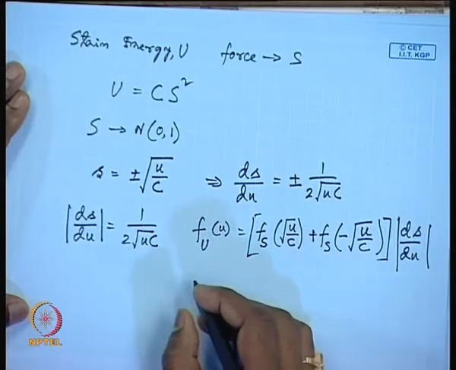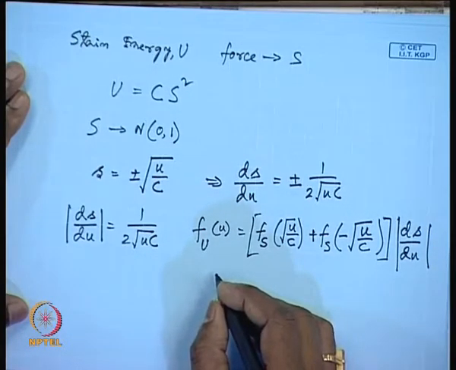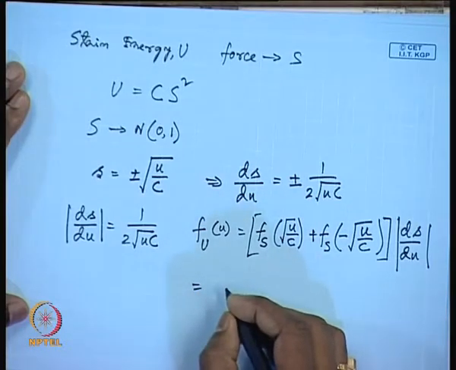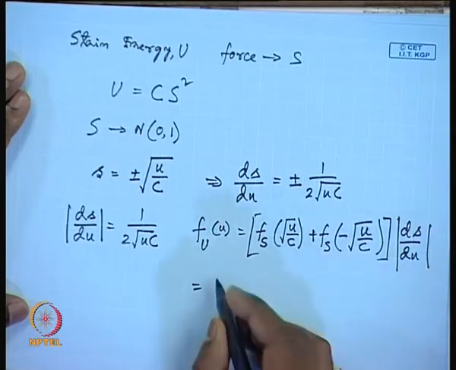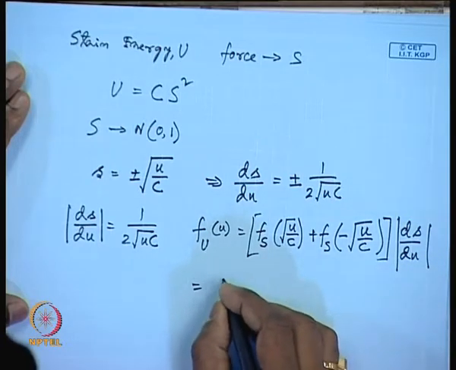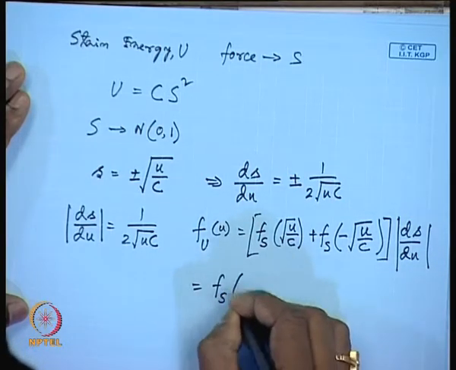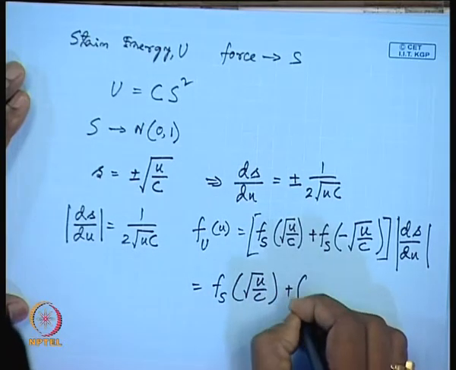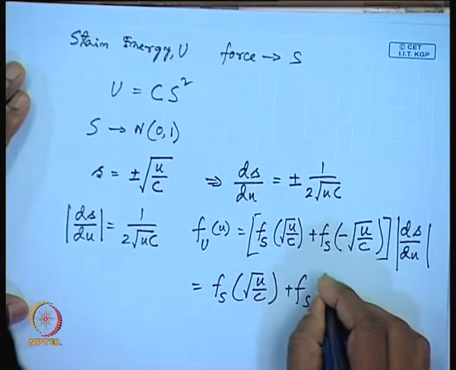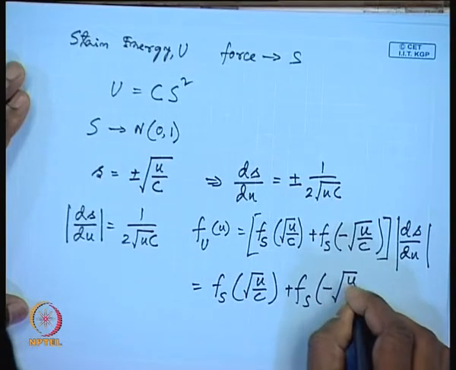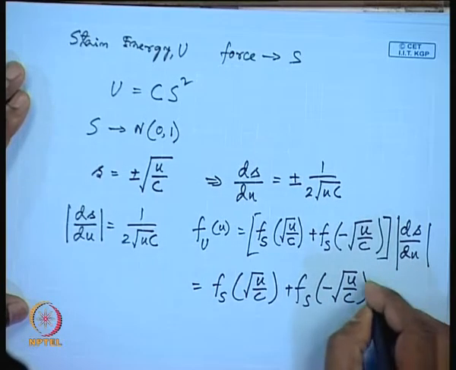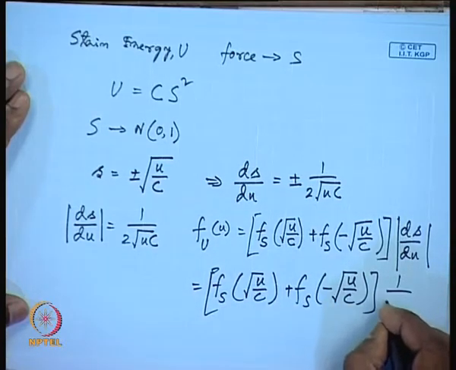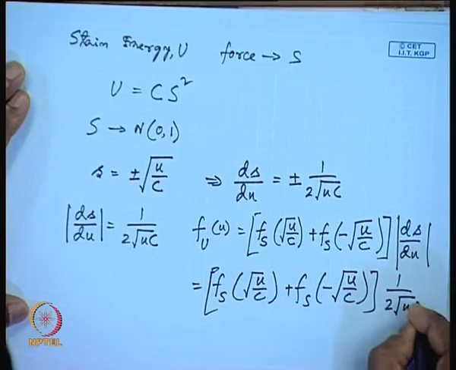If we replace this in the expression, we get 1 by 2 square root of u C.